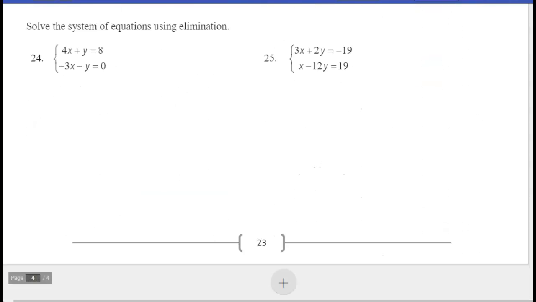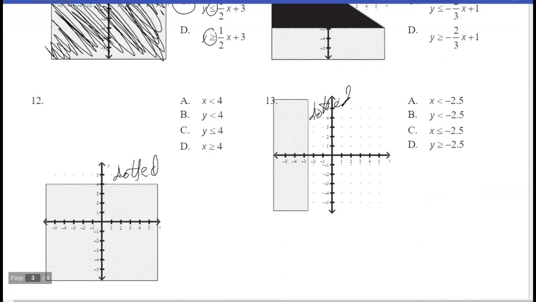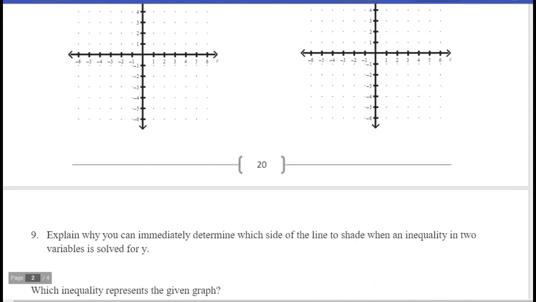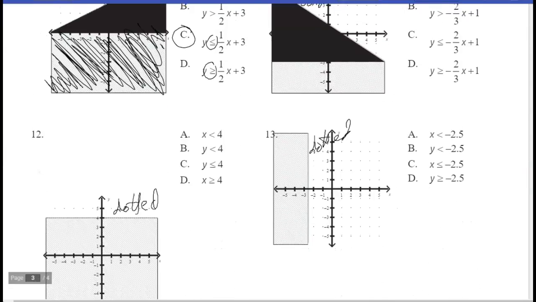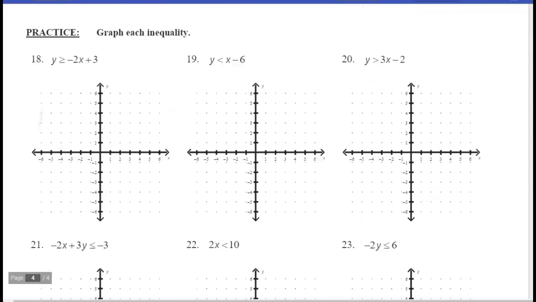So, right here you're doing your homework. Is page 23 all. And then also back here, I wanted you to finish page 21.